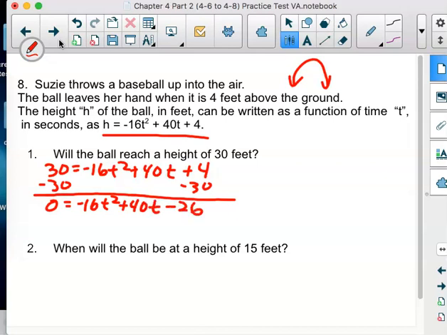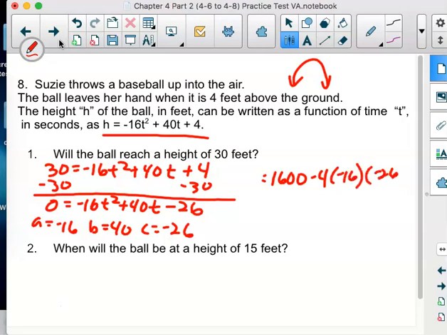So we've got negative 16t squared plus 40t minus 26. All right. A is negative 16, B is 40, and C is negative 26. So we might want to use a calculator for this, but 40 times 40 is 1600, minus 4 times negative 16 times negative 26.